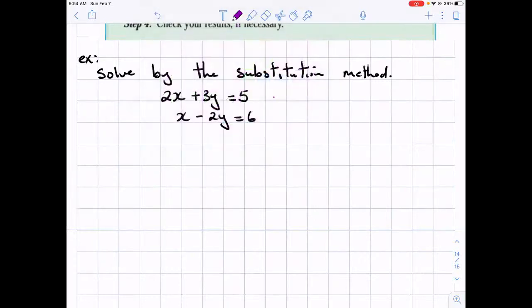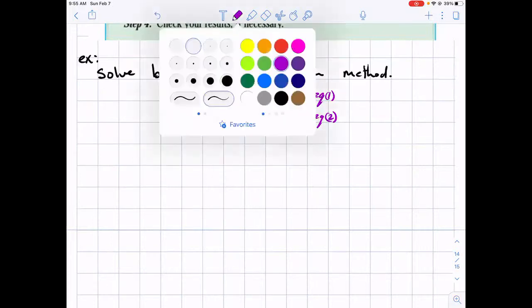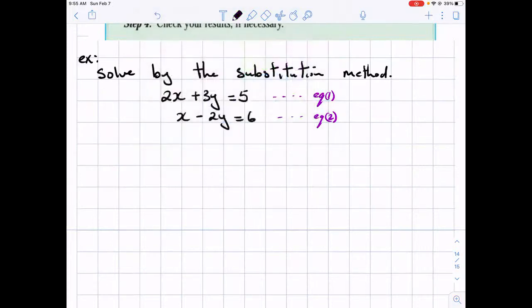So here is equation 1, and here is equation 2. So remember, one of the equations has to be in the form x equals or y equals. So you have to pick equation 1 or equation 2. So if you notice, here is a hint.